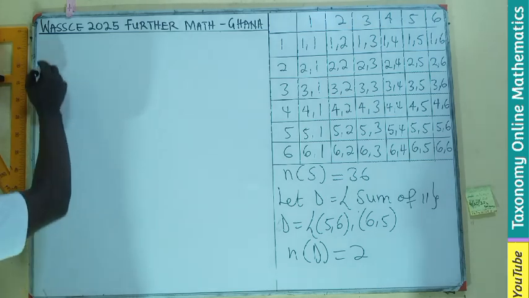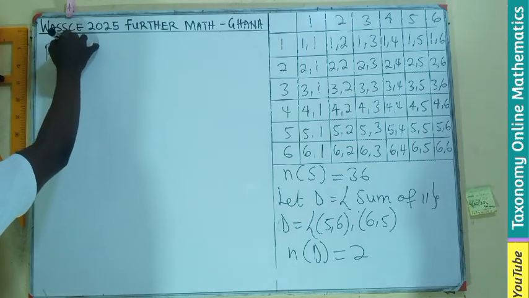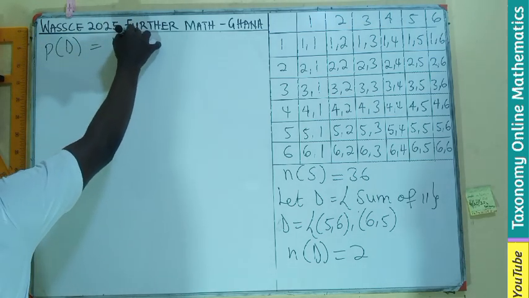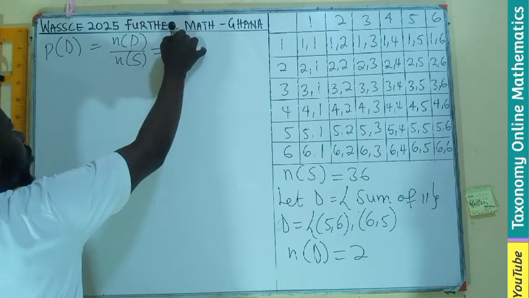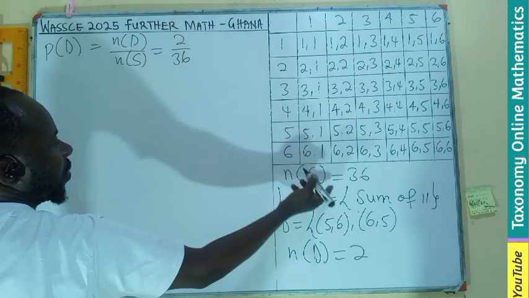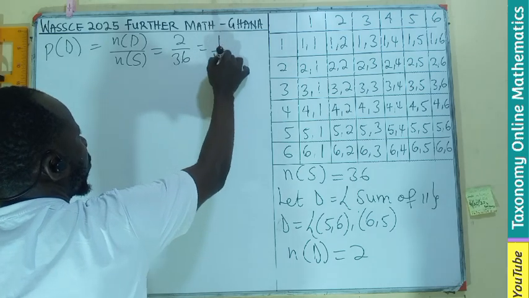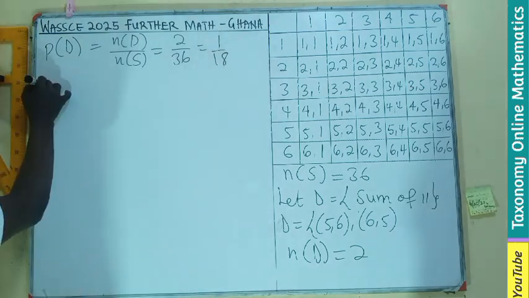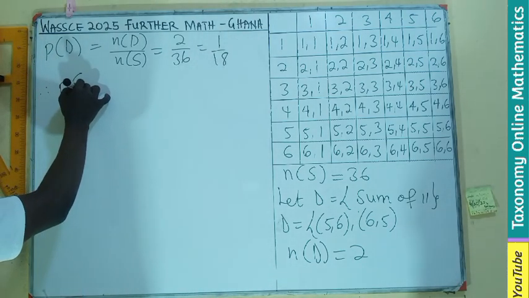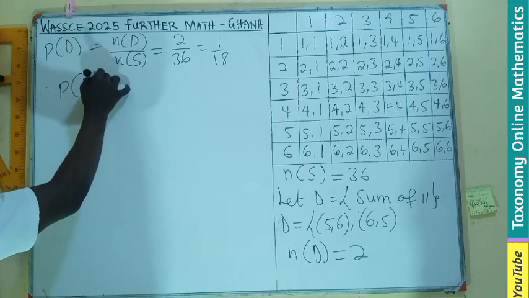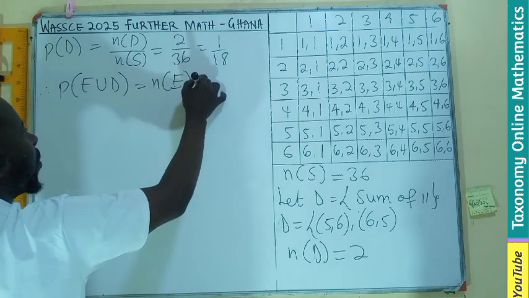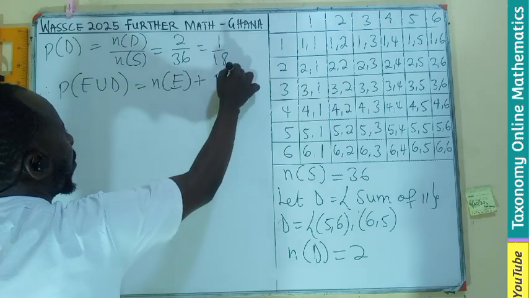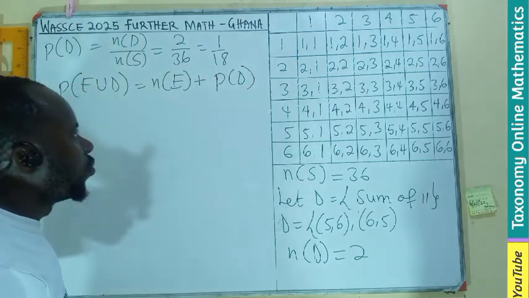So the probability of D is the number of D over the sample space, 2 on 36, and that gives you 1 on 18. But remember, you're looking for the probability of E union D, which is the probability of E plus the probability of D. This is mutually exclusive.